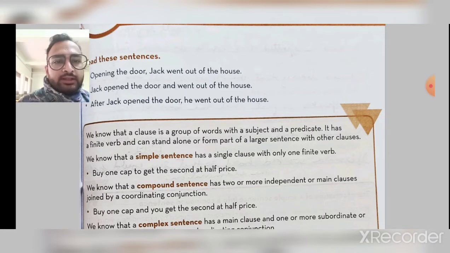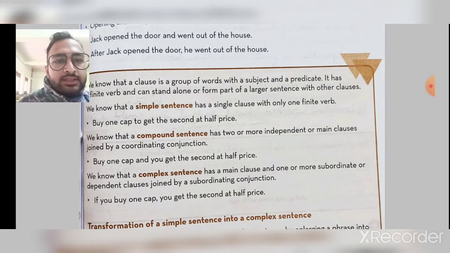We know that a compound sentence has two or more independent or main clauses joined by coordinating conjunctions. You can see a coordinating conjunction between the two clauses: buy one cap and you can get the second at half price.